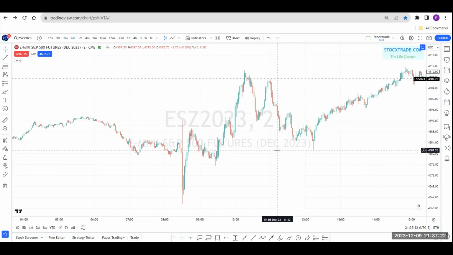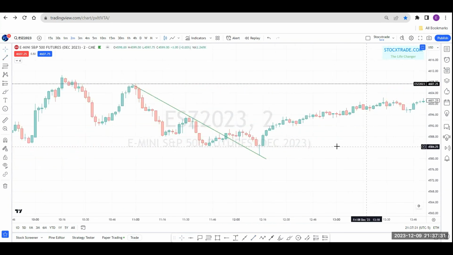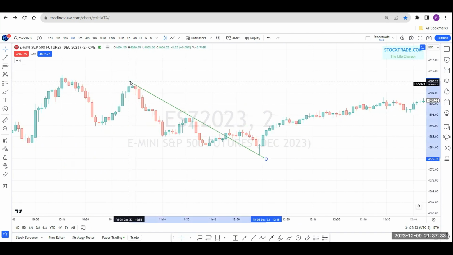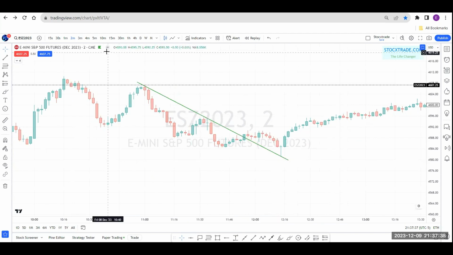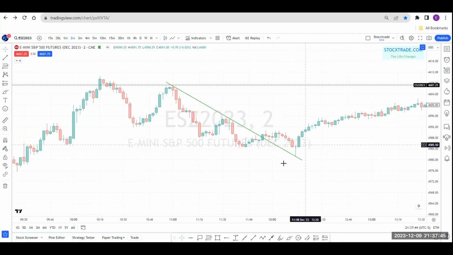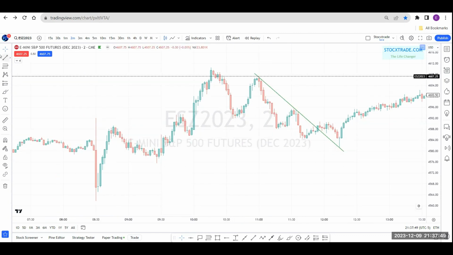So what you can do, just go with the trend, at least 2 points. Okay, the wick, I usually draw with the wicks. Okay, you need to pick any 2 points and just continue. Okay, so try to practice this even for the buy and even for the sell.